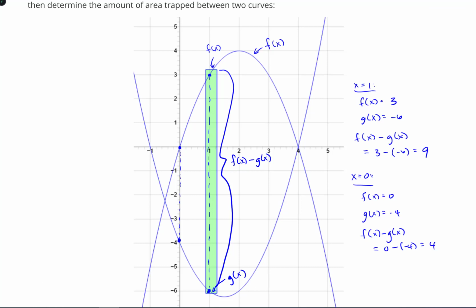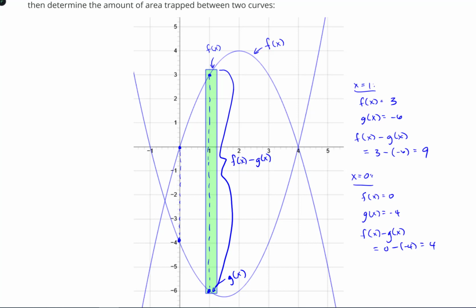So as long as we use the curve on top as the starting point and subtract the one below, then we'll always result in a positive answer. So we're not going to use absolute value for that reason.